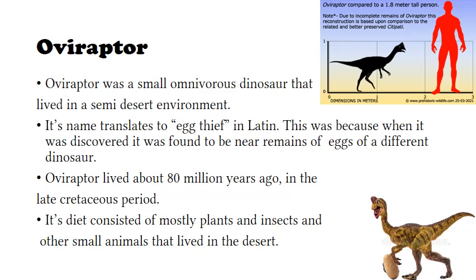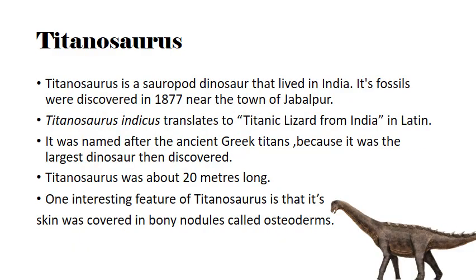Okay, next is Titanosaurus. Titanosaurus is a sauropod dinosaur, just like Barapasaurus from the previous times, that lived in India. Its fossils were discovered in 1877 near the town of Jabalpur.